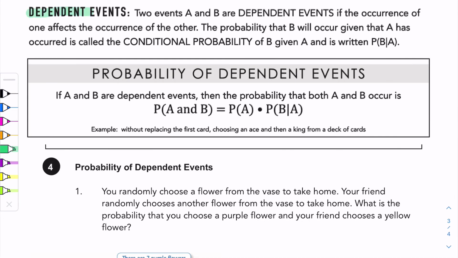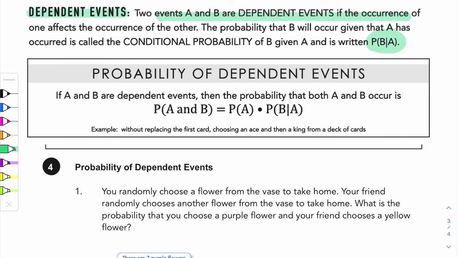Next, we're looking at dependent events, which some of you can probably assume what these are after we just went over independent events. So 2 events, A and B, are dependent if the occurrence of one affects the occurrence of the other. The probability that B will occur given that A has occurred is also the conditional probability of B given A and is written like this.